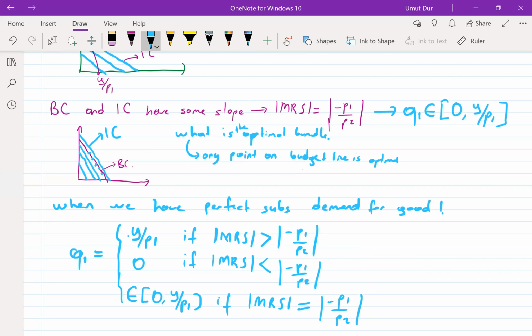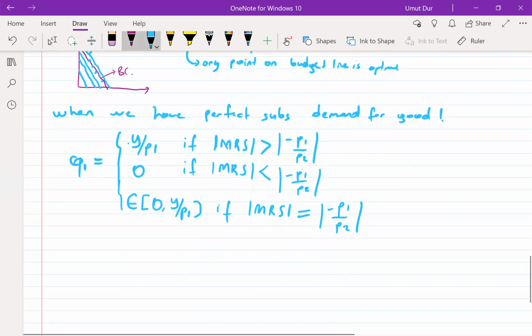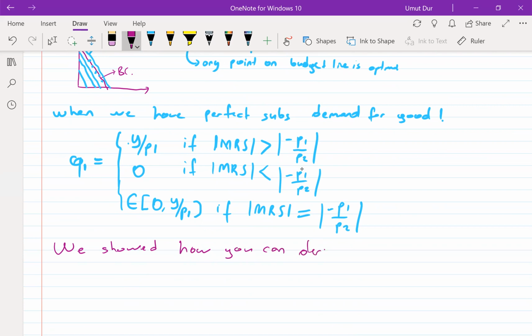We have shown how you can derive the demand function from your consumer choice.